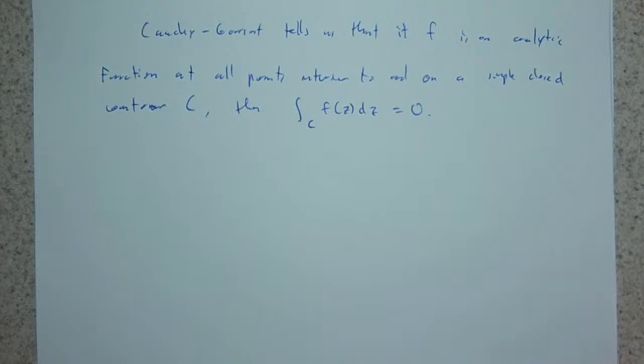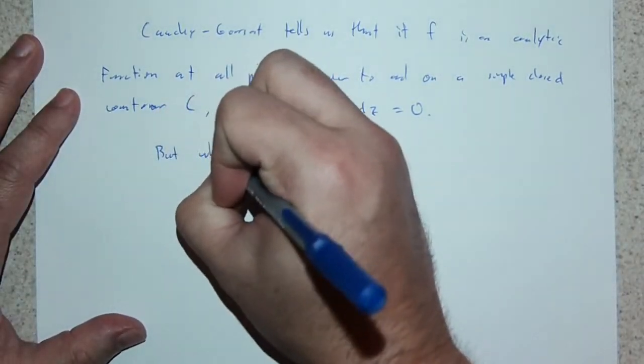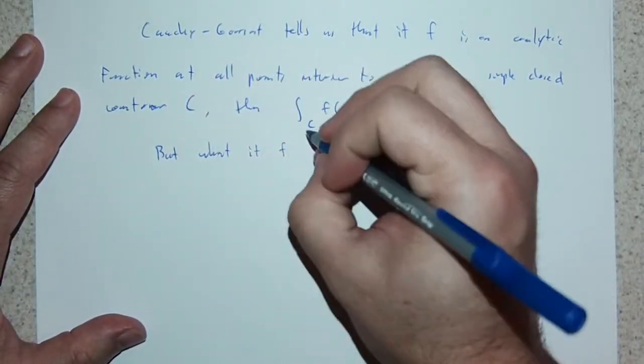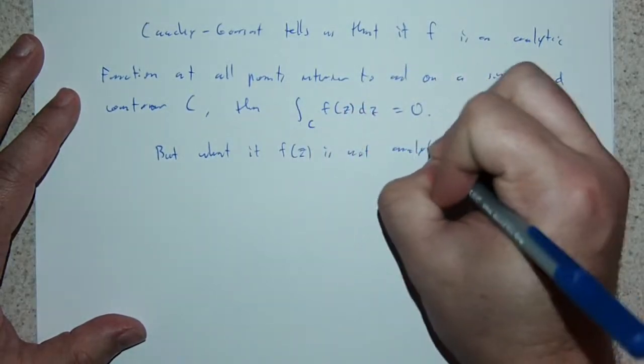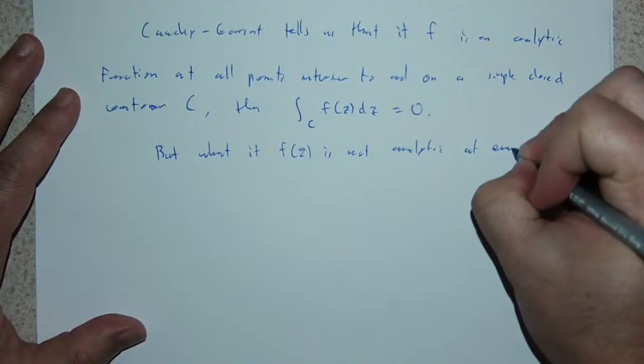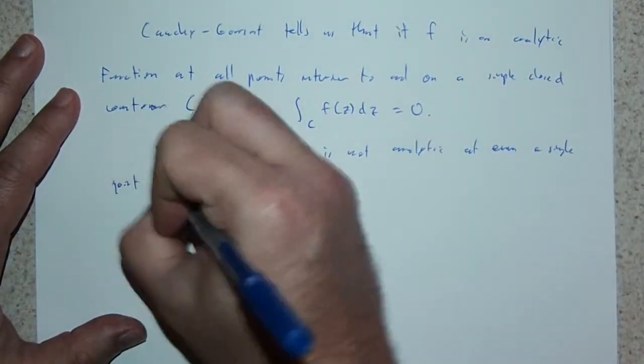But what happens if this fails at a single point? What if f of z is not analytic at even a single point in the interior of C?